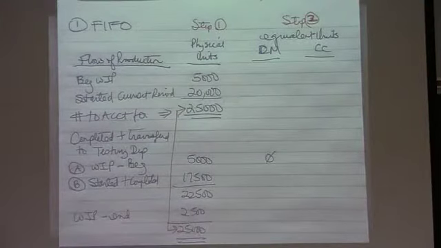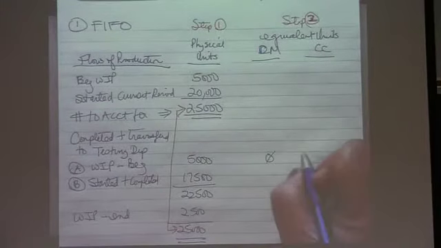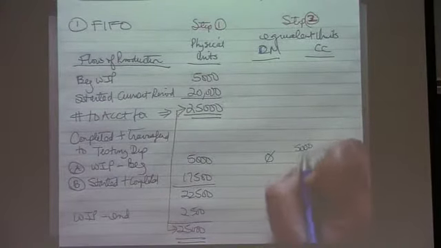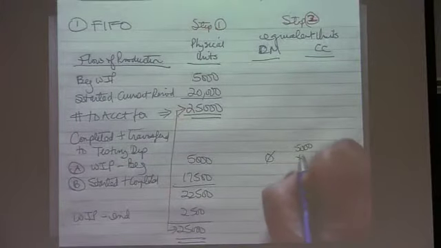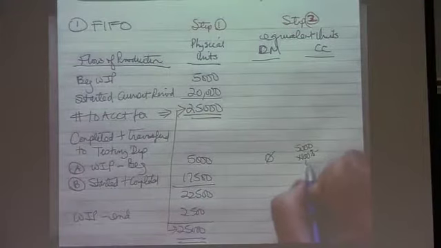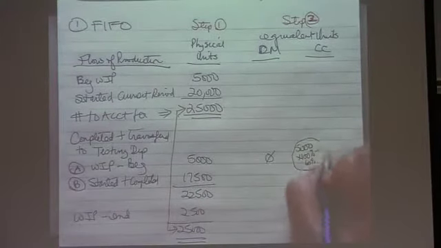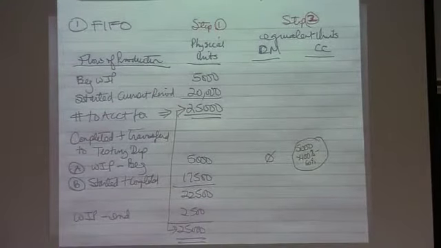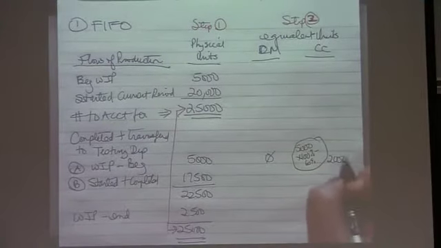So let me just show you the math here. We got 5,000 times 100% minus 60%, and that gives us 2,000.